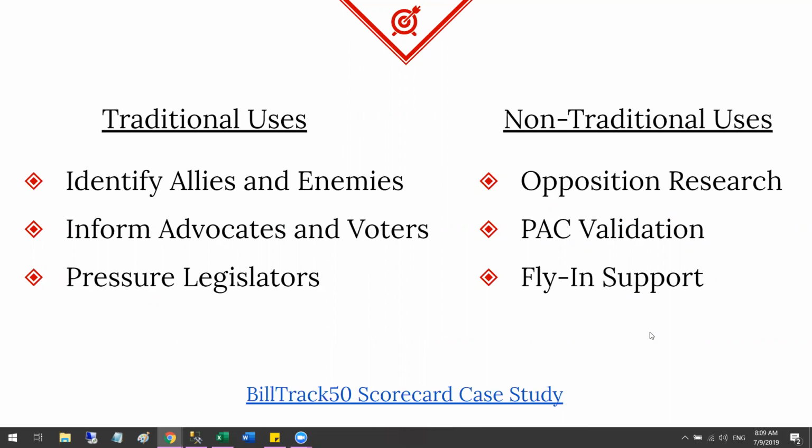Having a scorecard makes it easy for them to just kind of brush up before they go in to talk to a member of the legislature or Congress. Where do they stand on your issues, and where can they apply pressure or say thank you for being a supportive member. So those are three more non-traditional, non-public uses for scorecards, but all very important as well.